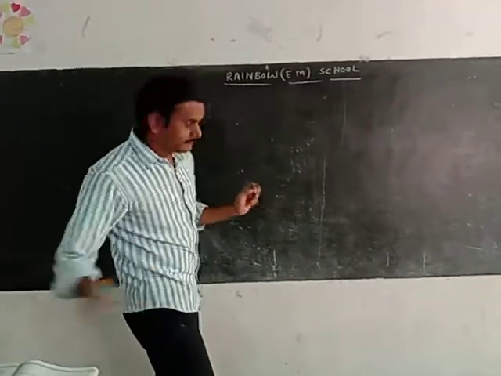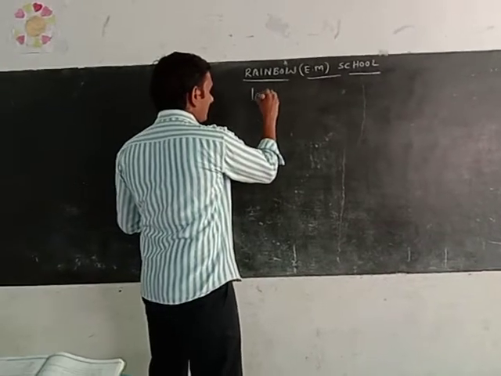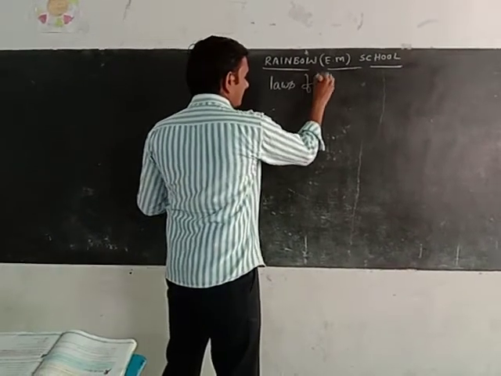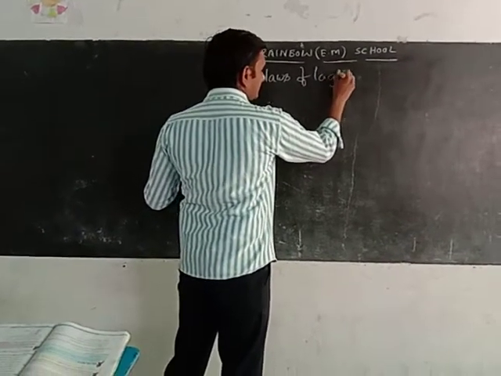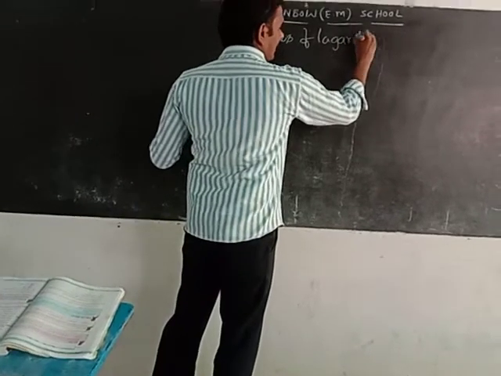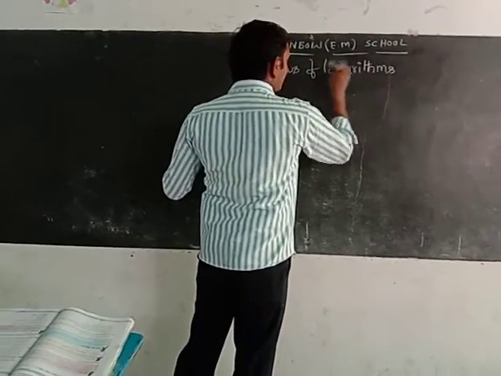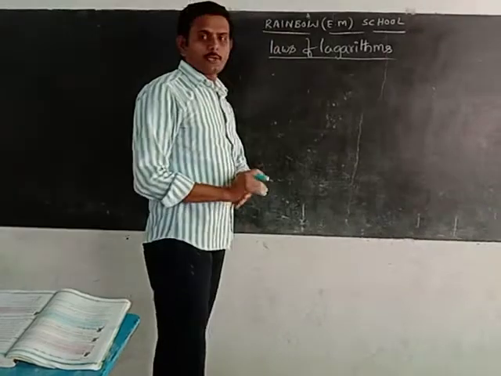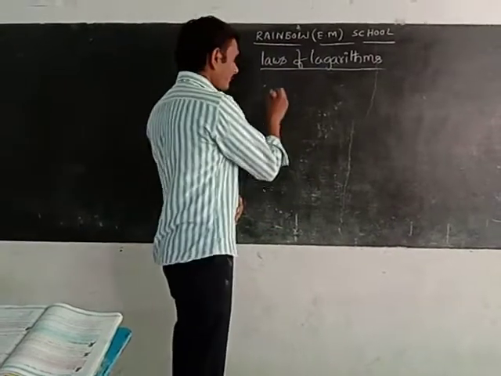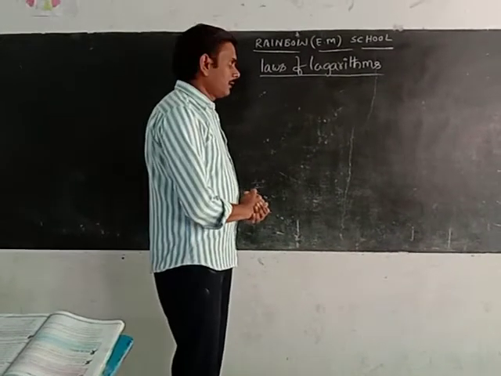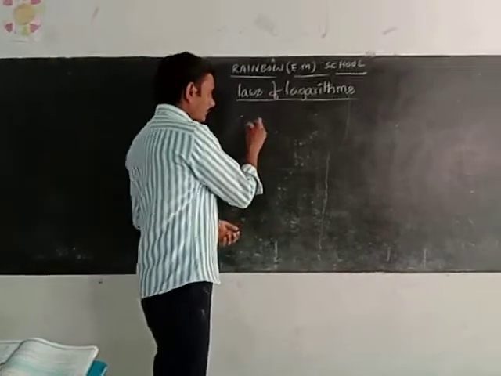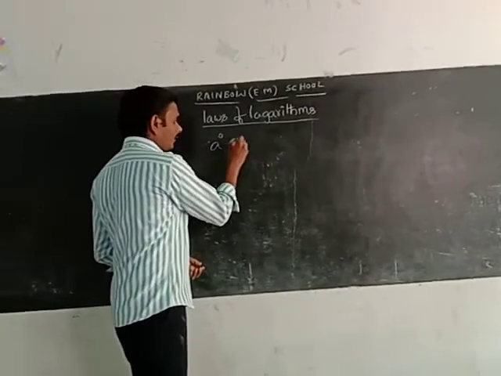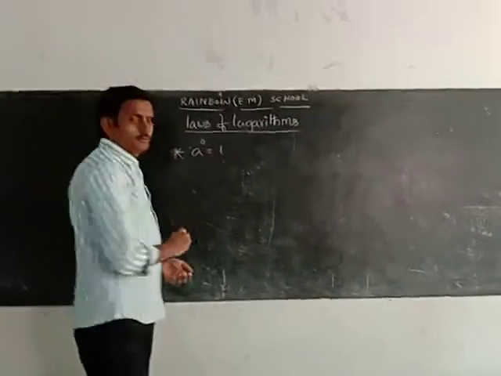Laws of logarithms. Whenever we go for the laws of logarithms, we have to remember that a power 0 equal to 1.